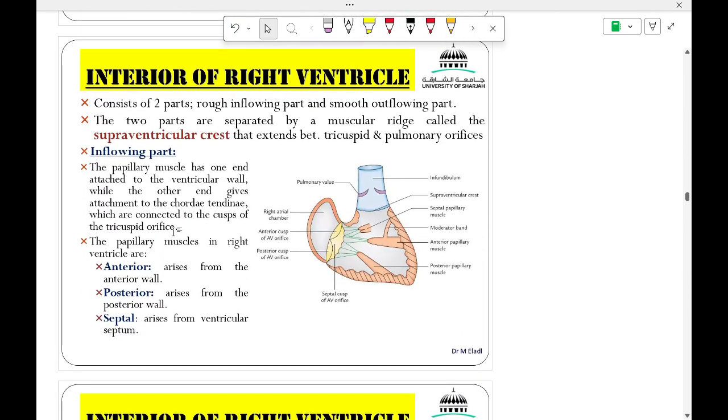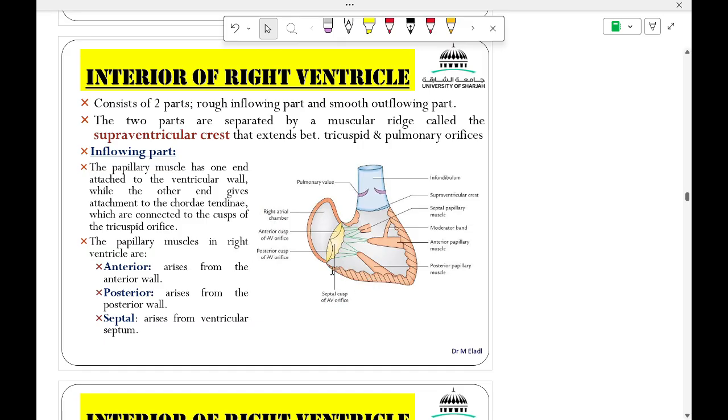Now, the inflowing part, as I said, part of it is going to be formed by the papillary muscles, which are going to be attached to the ventricular wall at one end, and the other end is going to be attached to the chordae tendineae, which are essentially very thin cords that are going to help attach the papillary muscles to the cusps of the valve. In this case, three cusps, because there is a tricuspid valve that is connecting the right atrium and the right ventricle.